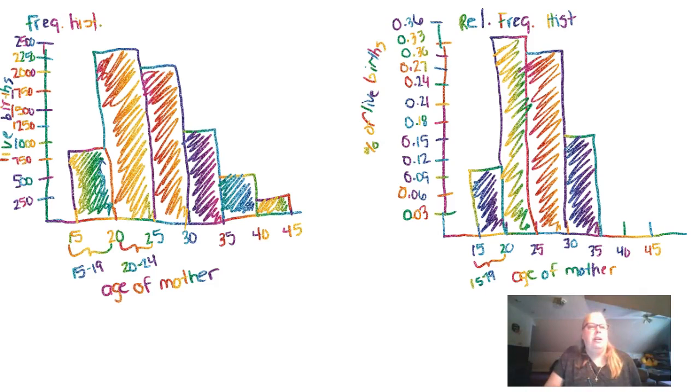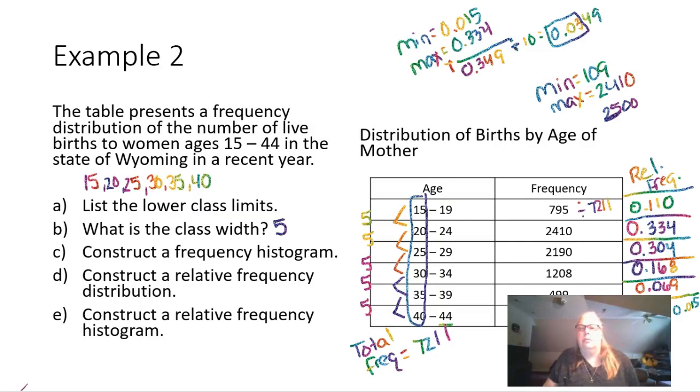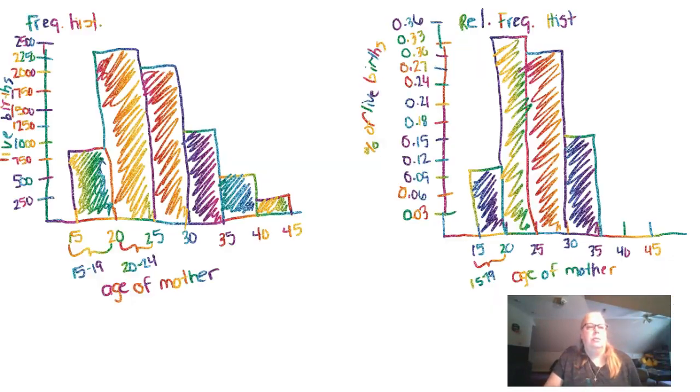And then 35 to 39, that's our 0.069. And so that's going to be just barely above the 0.06. Come across and drop it down.